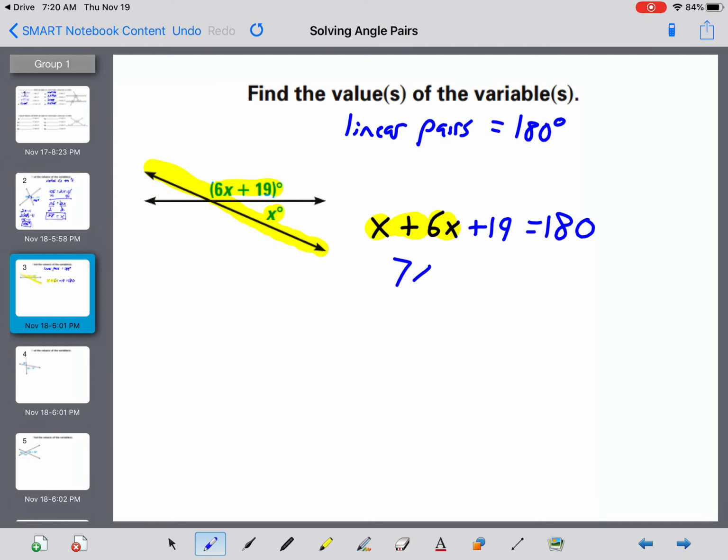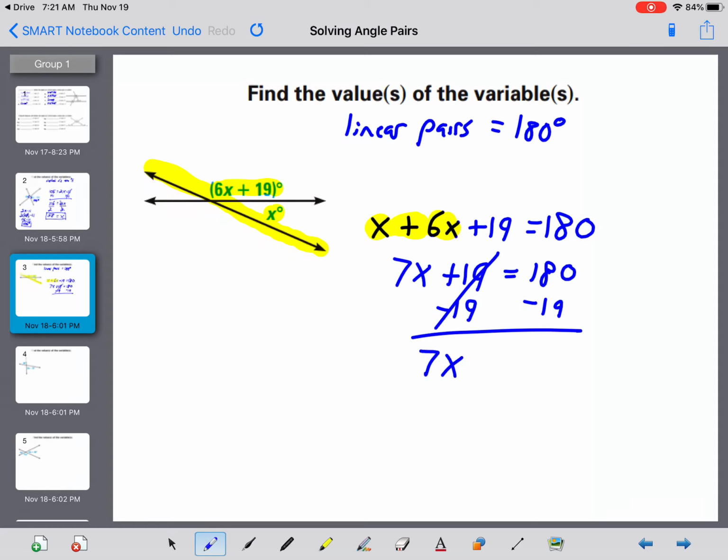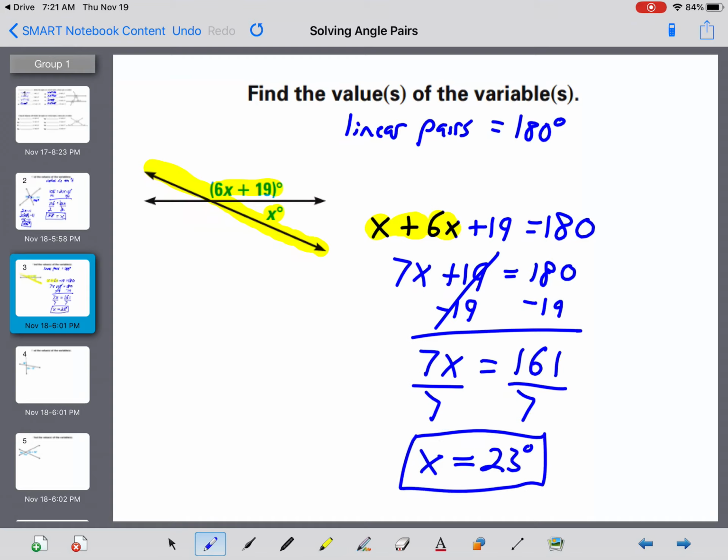So 1x plus 6x makes 7x plus 19 equals 180. We're going to subtract 19 on both sides. 7x equals 180 minus 19 is 161. Last, you need to divide both sides by 7, and x equals 23 degrees.